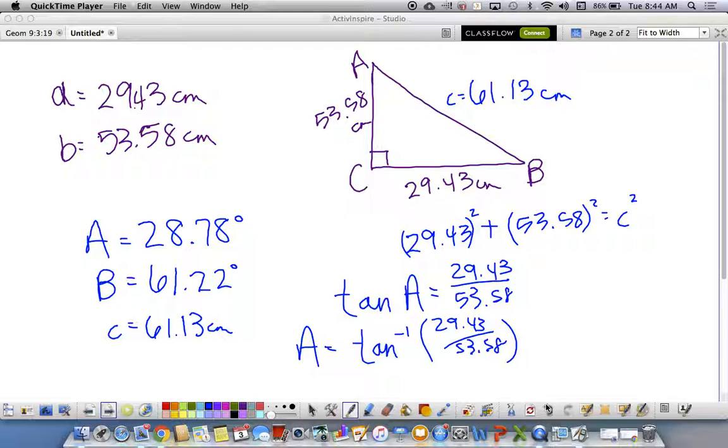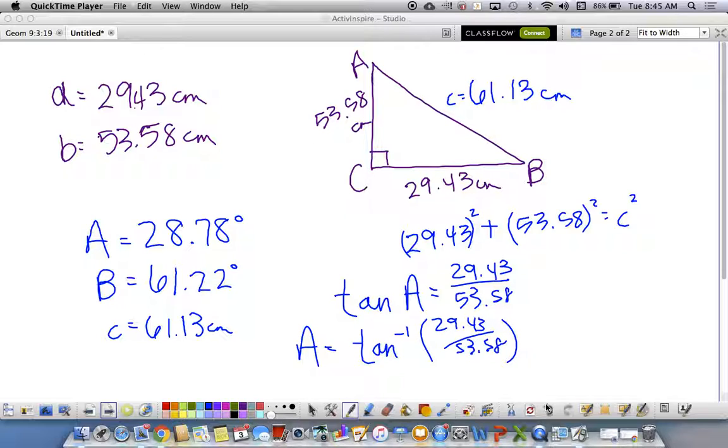What did you get for the Pythagorean theorem? Can you get 44? Because that side is longer. No, don't clear it.